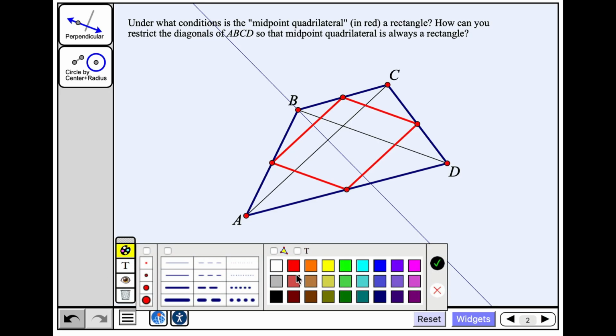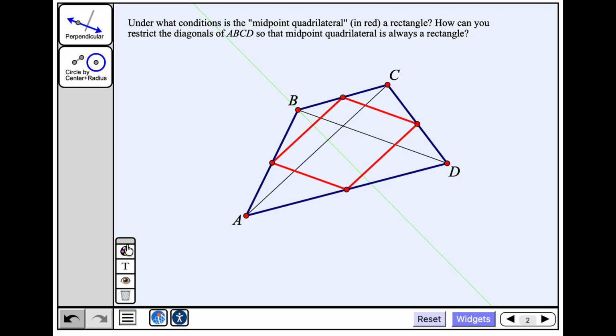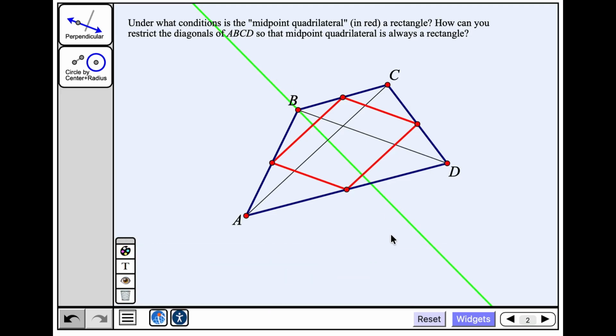What should I make it? How about green? Let's make that thicker while we're at it, so we can actually see it. Okay. I have constructed this green line that passes through point B and is perpendicular to AC.